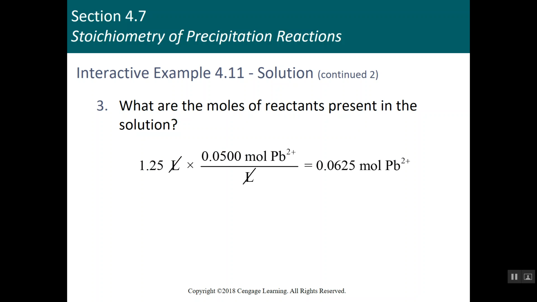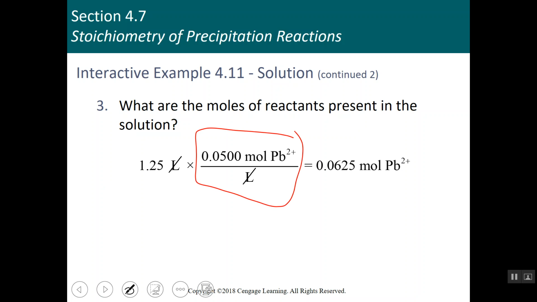What are the moles of reactants present? In this particular case, we had solutions with a molarity. This is the molarity of that lead solution right there.